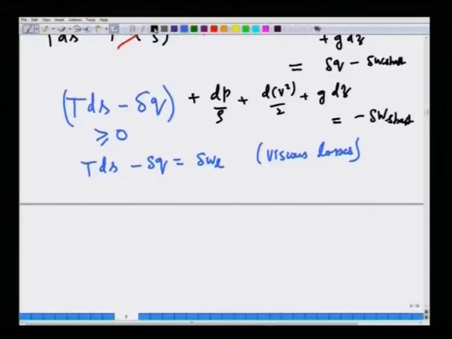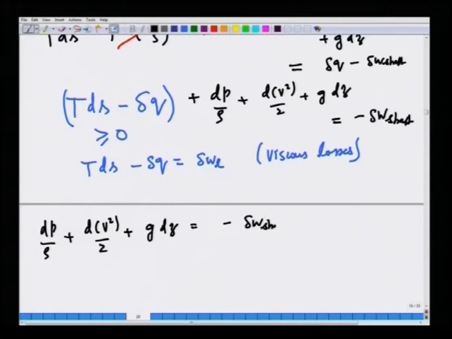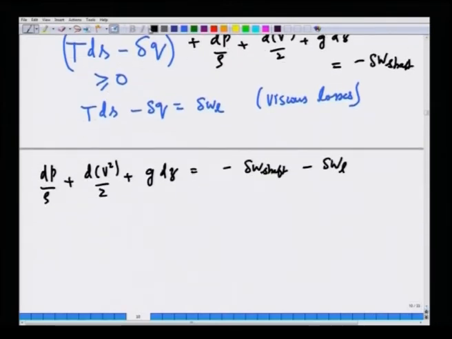So, we are going to write this as dp by rho plus d of v squared by 2 plus g dz is equal to minus delta W shaft minus delta W loss, okay, the viscous loss. Now, I can change the differential form to the input minus output form.